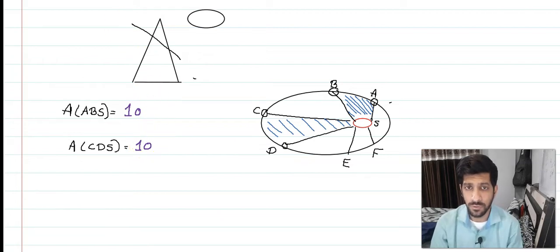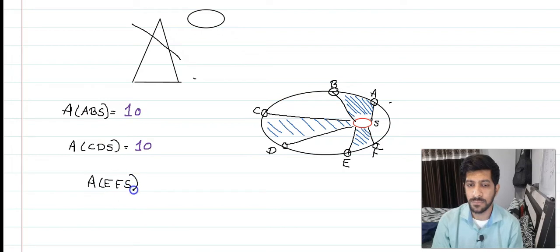Now again, if the planet is at E and moves to F, we'll have the area of EFS. Again, if you calculate it, the area will be the same, 10 only. What it means is that the lines joining the planet and the sun will sweep equal areas.